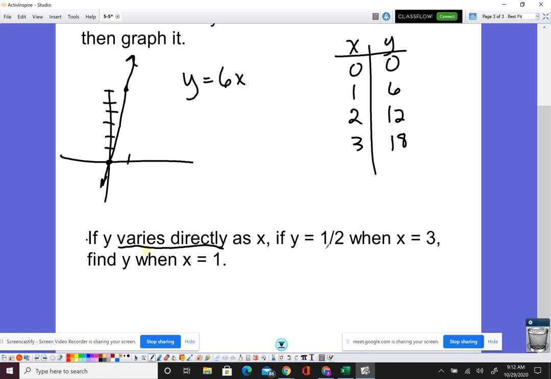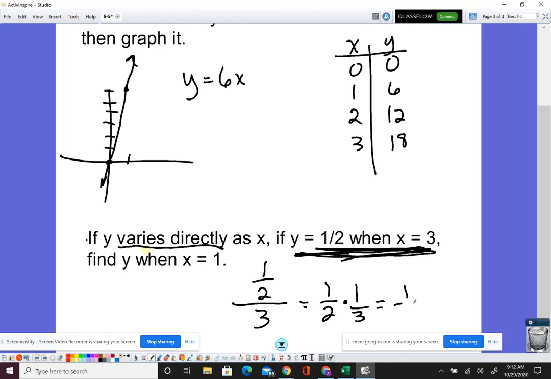And we can find our constant of variation by taking the ratio between our known values, when y is 1/2 and when x is 3. So 1/2 divided by 3. Well, you have to remember that this is your main division line. Division is the same as multiplying by the reciprocal. The reciprocal of 3 is 1/3. So our constant of variation for this problem is 1/6.